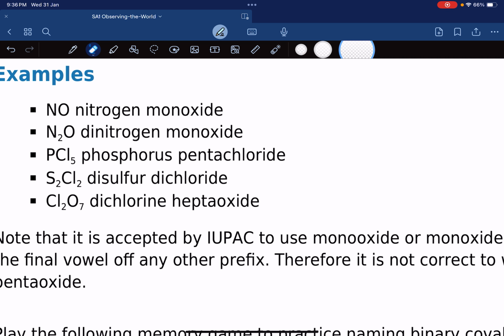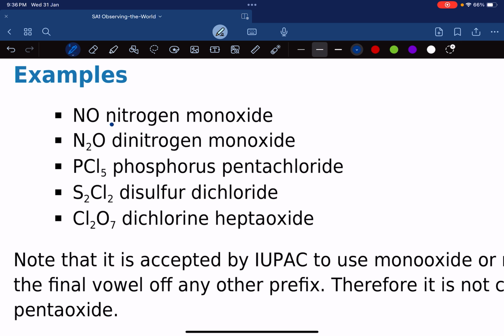The first name is the name of the first element. You see, nitrogen. First element is phosphorus. First element is sulfur. First element is chlorine. Then we use these prefixes here, mono, di, tri, tetra, and so on, and we put them in front here.